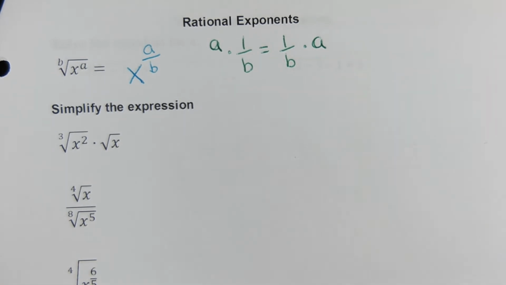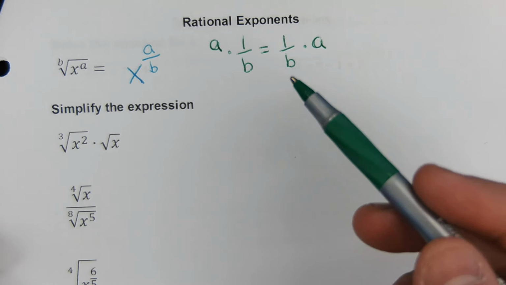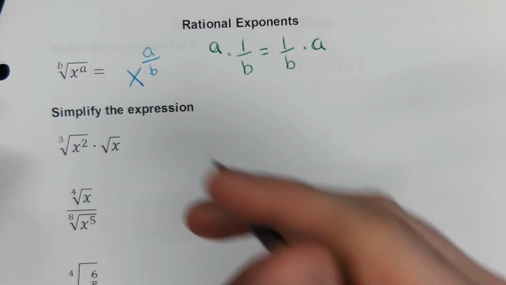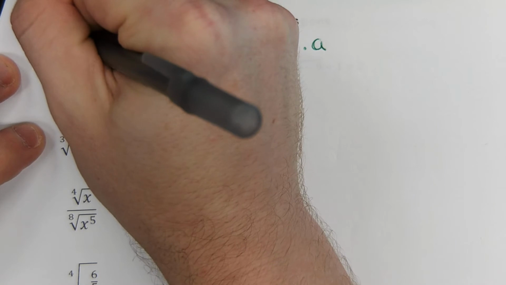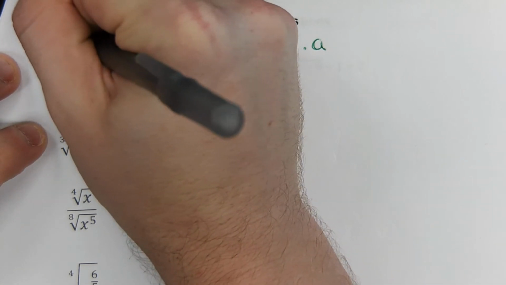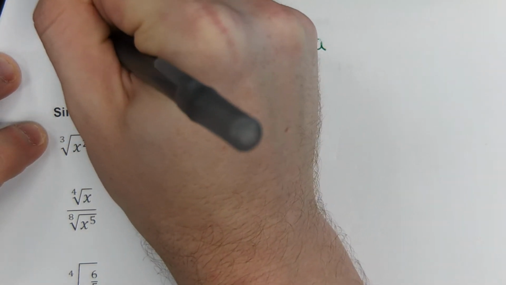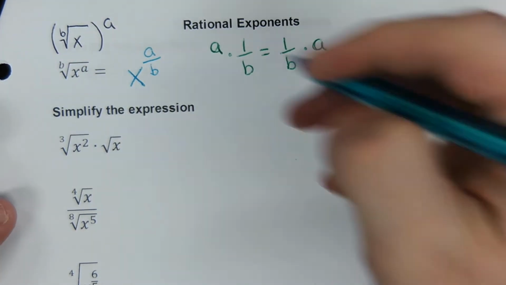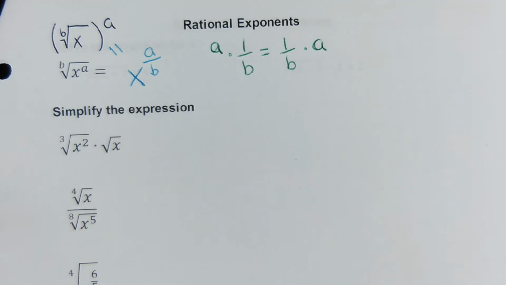What I'm trying to get at here is that I could either say this exponent is on the inside, or I could say it's on the outside. And they're still going to give me the same result.